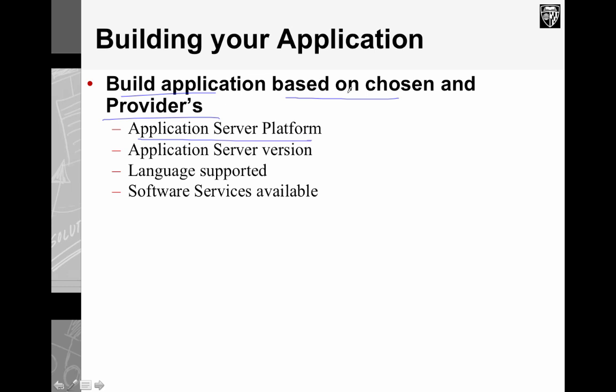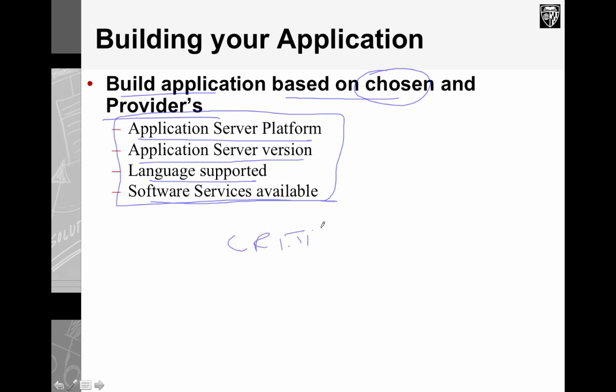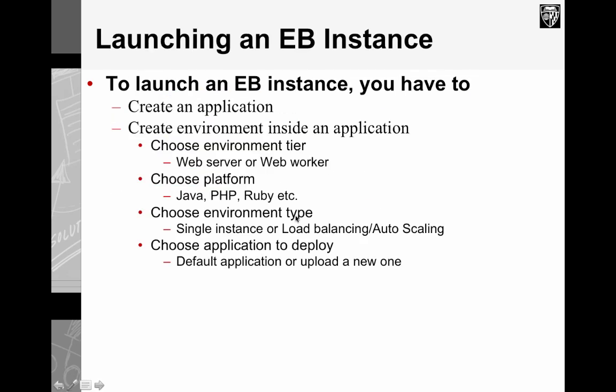So hopefully you're going to choose the platform that the provider supports: the application server version, language supported, and the software services that are available. You use these things as your criteria, and based upon the criteria, you build your application, which can be deployed in the Elastic Beanstalk environment.